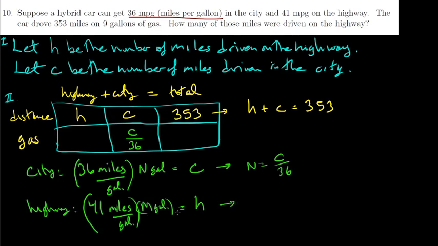So dividing by 41, the number of gallons is h divided by 41. And we used a total of 9 gallons. So the bottom equation is h over 41 plus c over 36 equals 9. And that's our system of equations.